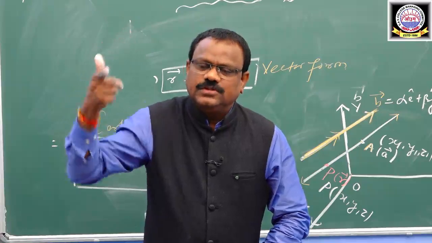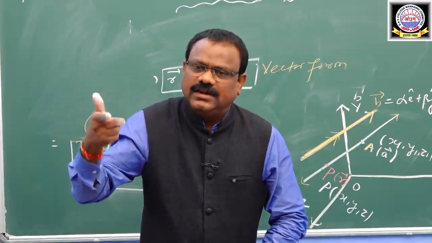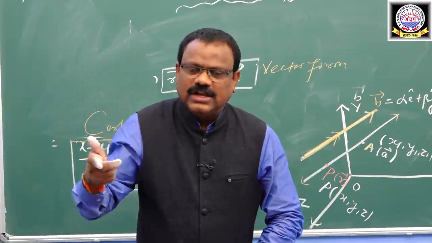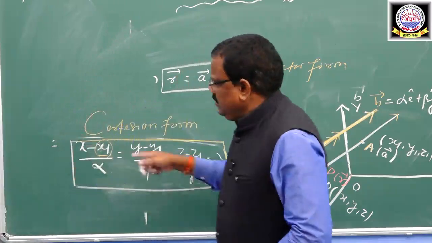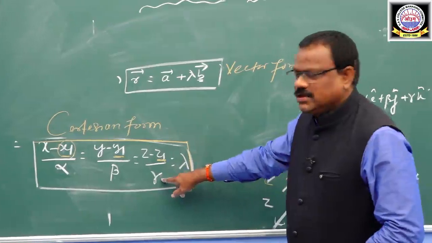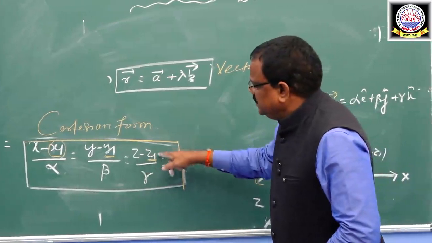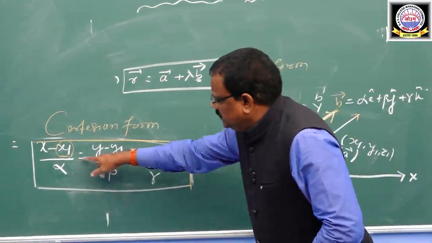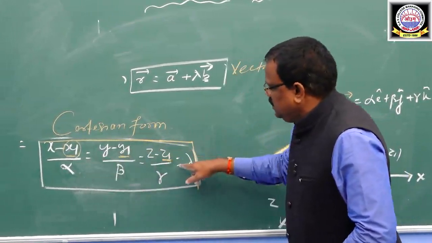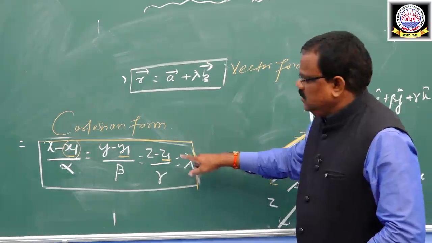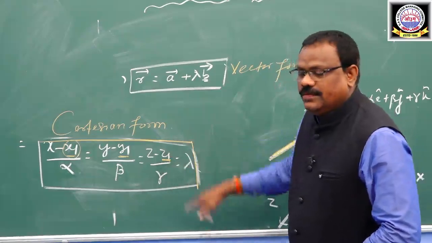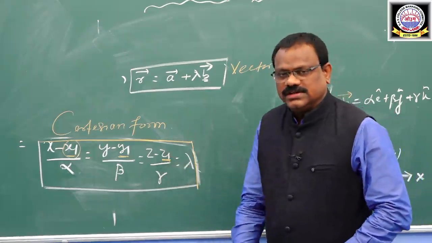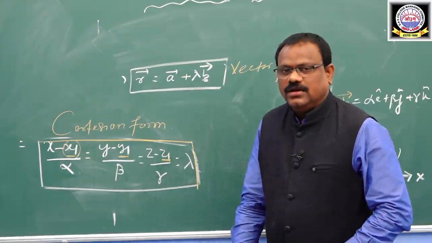In the xy plane, the gamma coefficient will be 0. So at that time z minus z1 by 0 is equal to lambda. If something by 0 is coming, then we will do the cross multiplication, but we should not write non-defined.